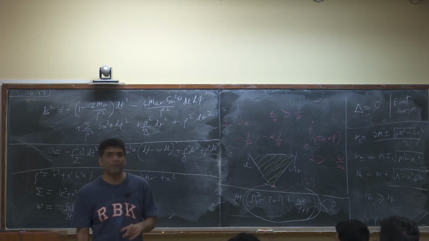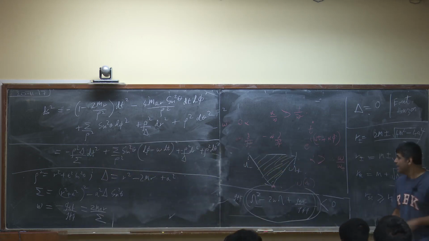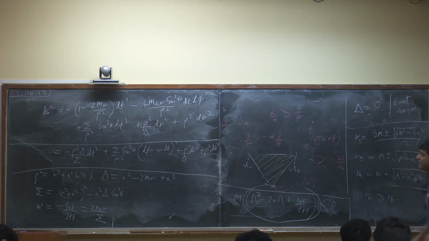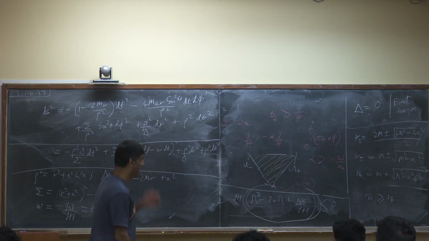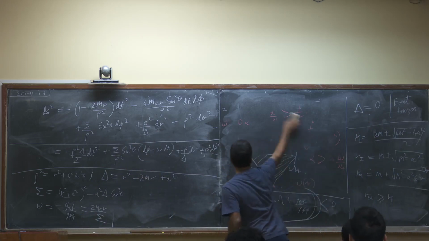Okay, we better stop very soon. Let me say one or two more quick things and then we stop. Now, we've discussed this ergosphere. We've discussed this position being the event horizon. Delta equals 0 is an event horizon. Let me leave this as an exercise.